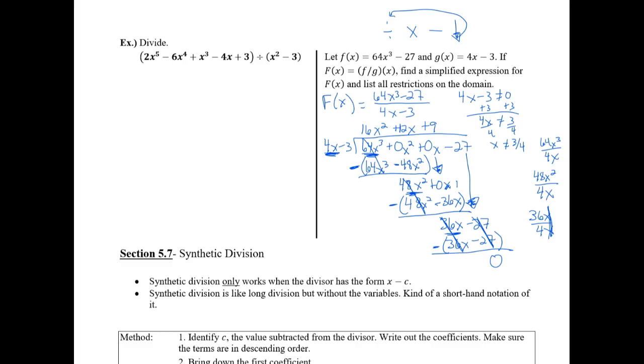So we end up with the function F of x equals 16x squared plus 12x plus 9, where x cannot be 3/4. So that is the function simplified with the restrictions on its domain.